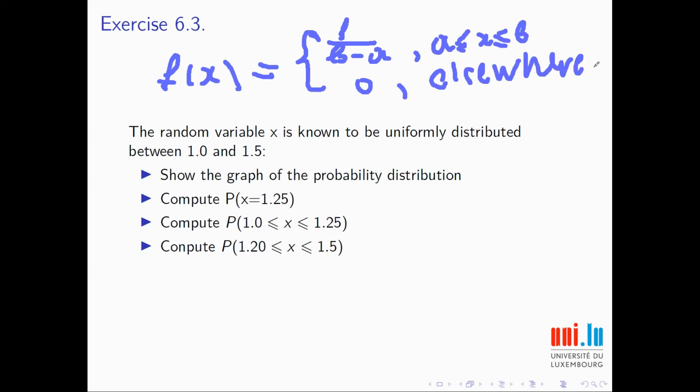As you see, it is a constant over the range of all possible values, which is just a straight line.